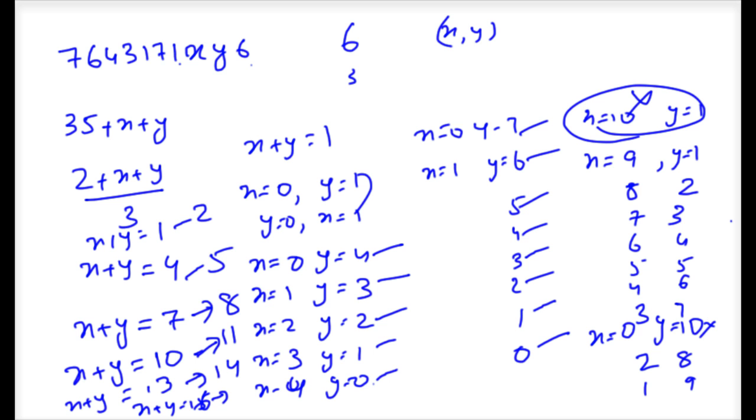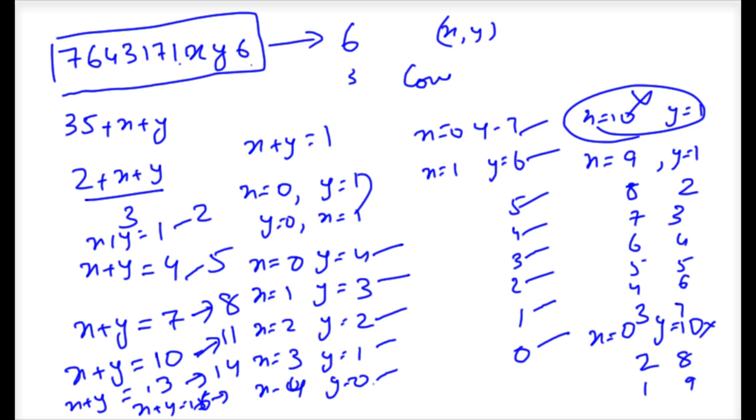Only these are acceptable. So similarly for each of the cases you will have to work out. Then add up all these numbers, you will get the number of possible values of x and y for which this number will be divisible by 6. A lot of skill required here is counting, and then you have to understand the basics of mathematics.